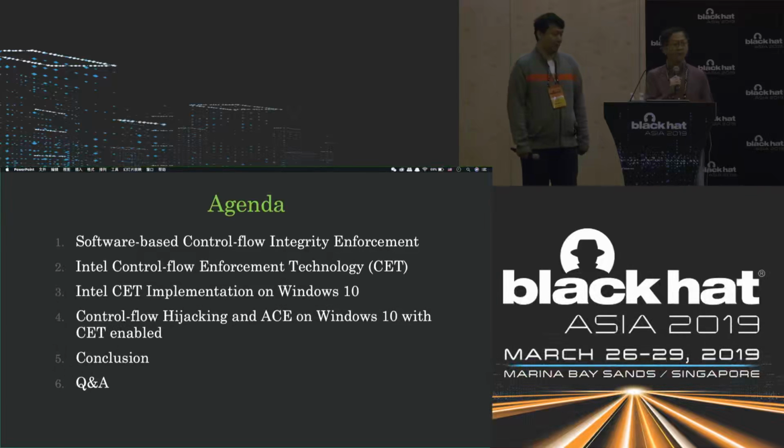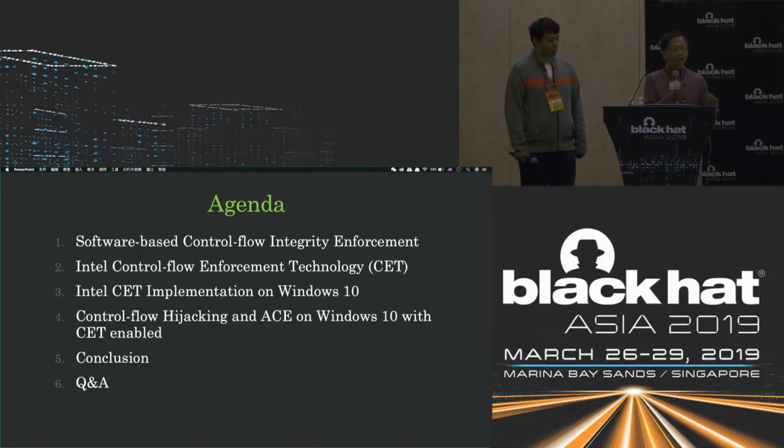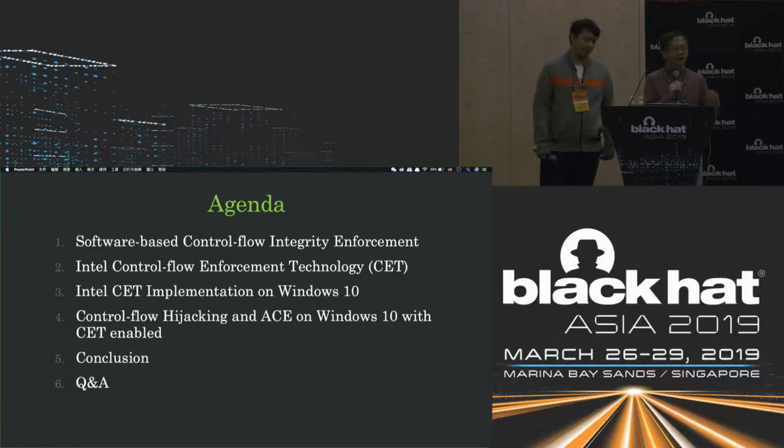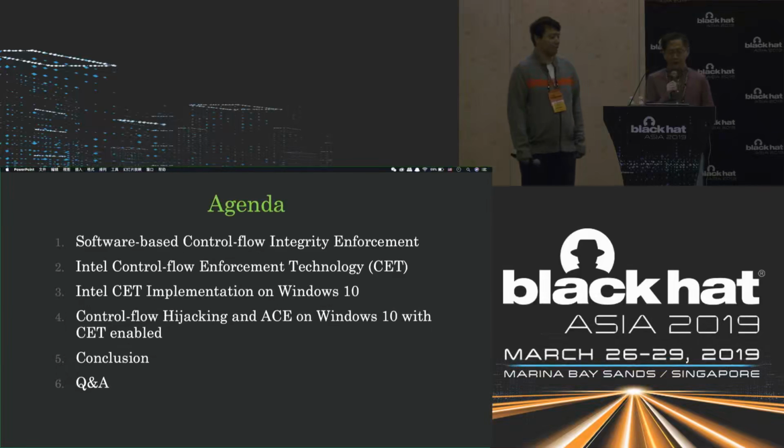And then we'll follow by the Intel implementation on Windows 10 for the CET. After that, we'll talk about how to attack those, especially for the control flow hijacking and arbitrary code execution on Windows 10 with the CET enabled. And then we'll conclude and have the Q&A.